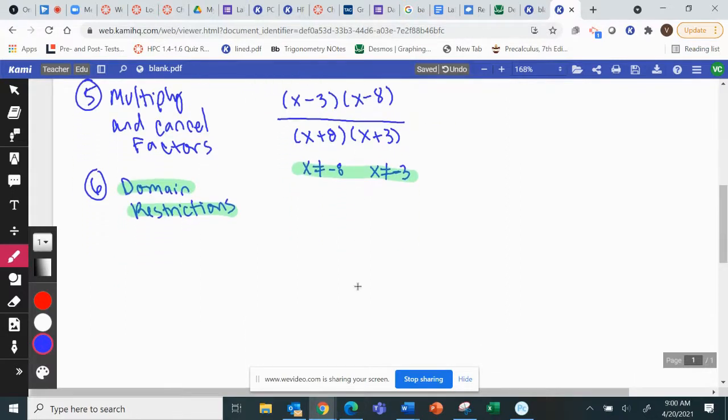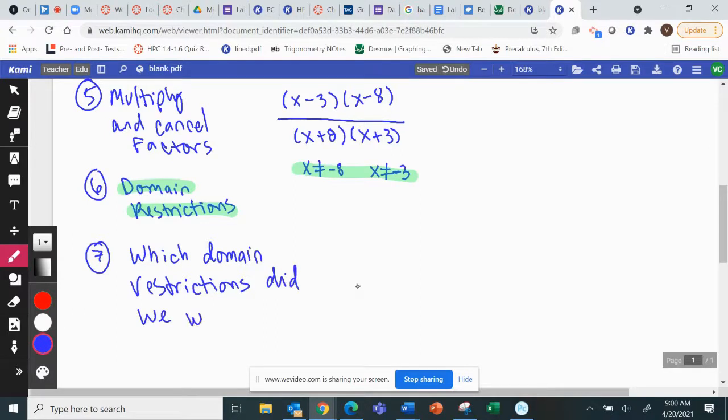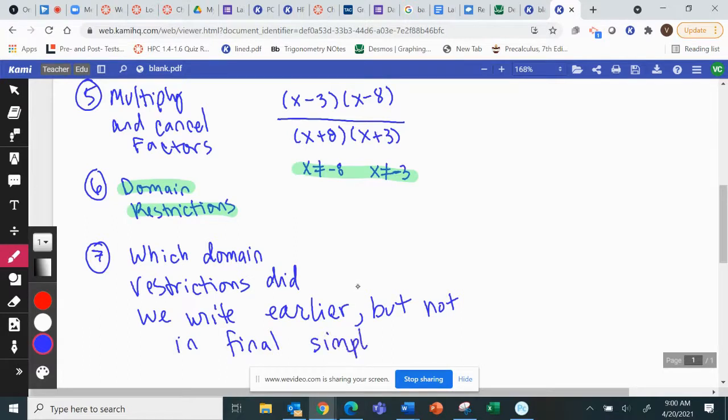Okay, then our step 7, when we're writing our answer, which domain restrictions did we write earlier but not in the final simplified answer?